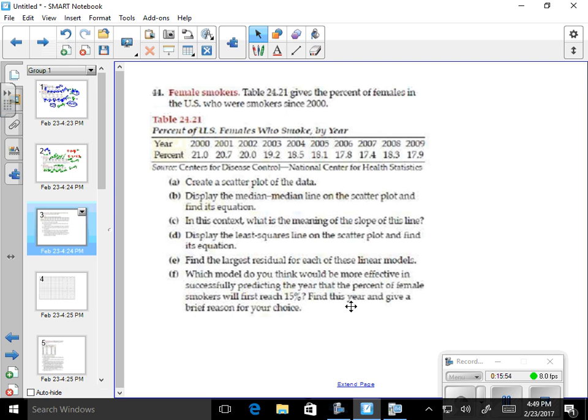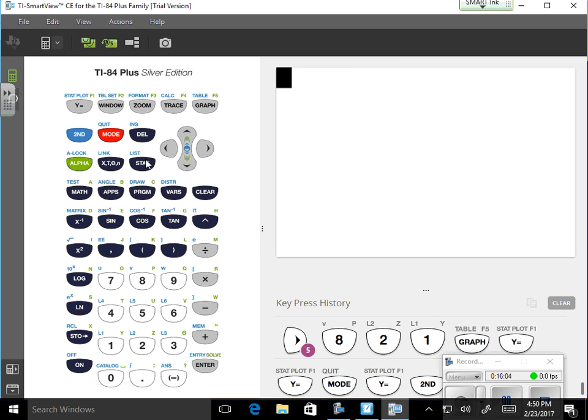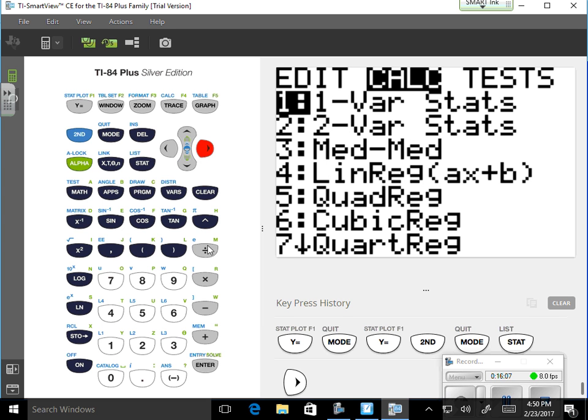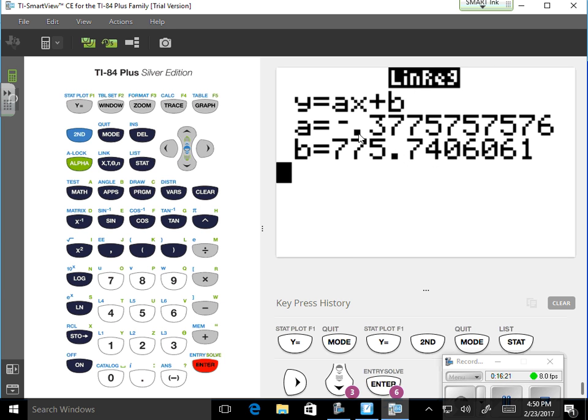display the least squares regression line on the scatter plot and find its equation. So to get the least squares regression line, go back to the home screen, do Stat, over to Calc, number 4, linear regression, press enter, and we get a negative 0.37, so again a negative 0.4, or you could call it negative 0.38x plus 775 or 776, so I'm going to go negative 0.38x plus 776.